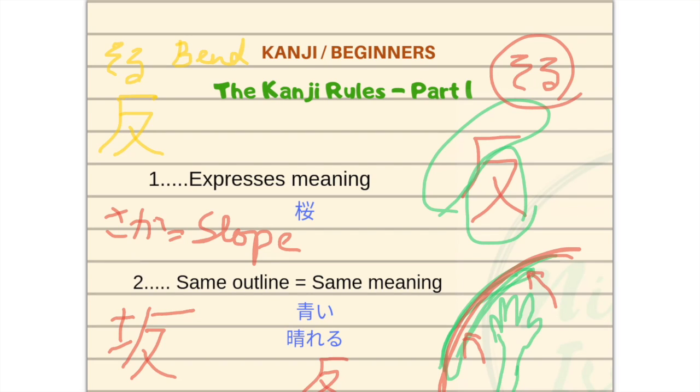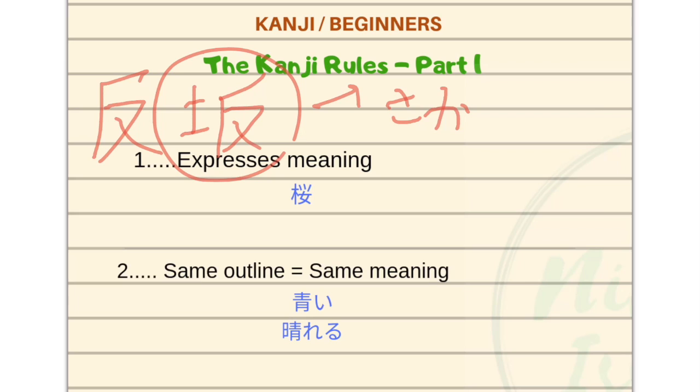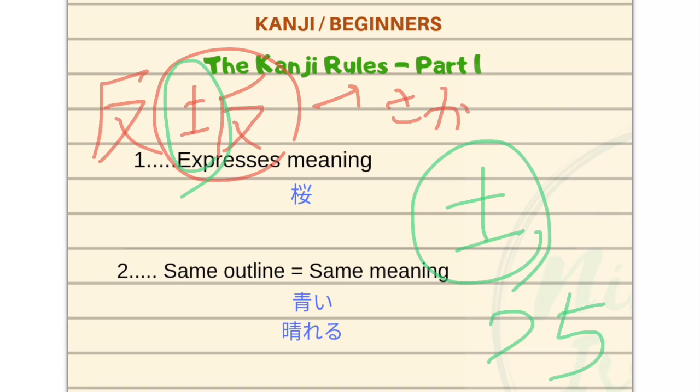The next kanji that we have is slope or saka. Now this part represents the earth or tsuchi.